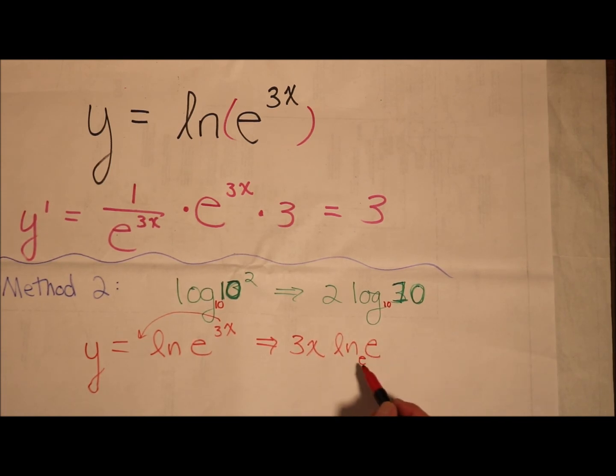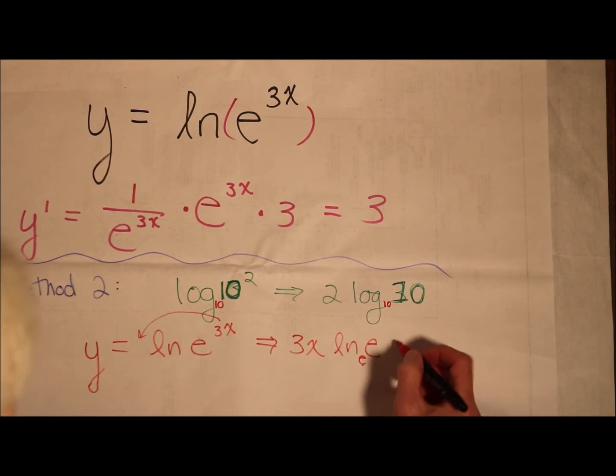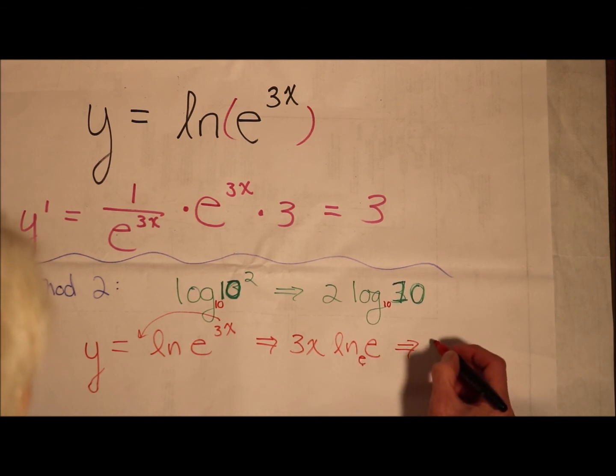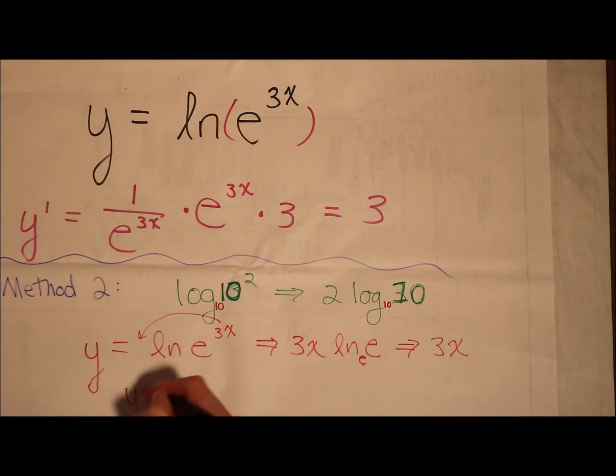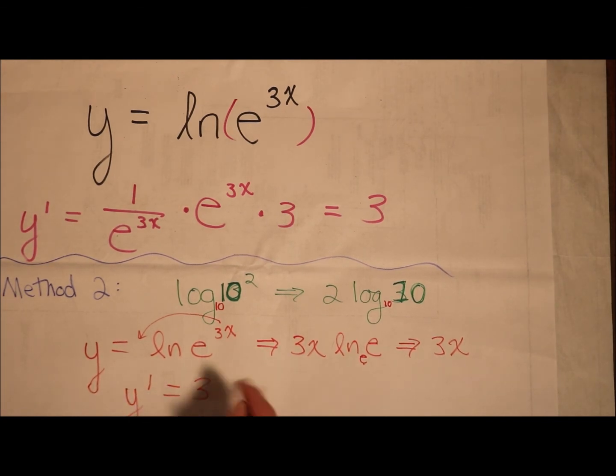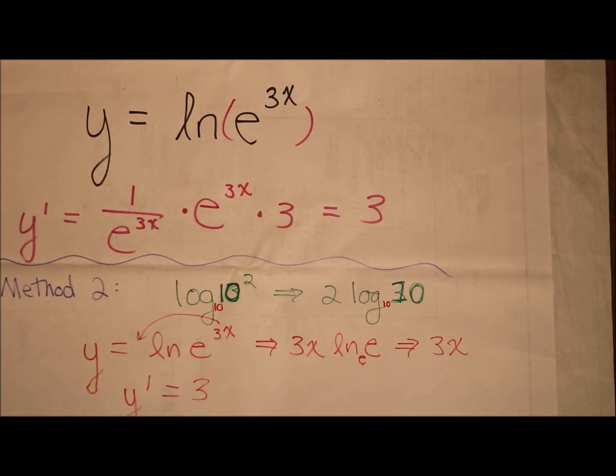Oh, well, again, natural log is a log with a little invisible base e. This is saying e raised to what is e? e raised to the 1 is e. So the natural log of e is 1. And that means my function is 3x. And what's the derivative of 3x? It's 3. Okay, I called that a shortcut, but I guess that wasn't all that much shorter than this.